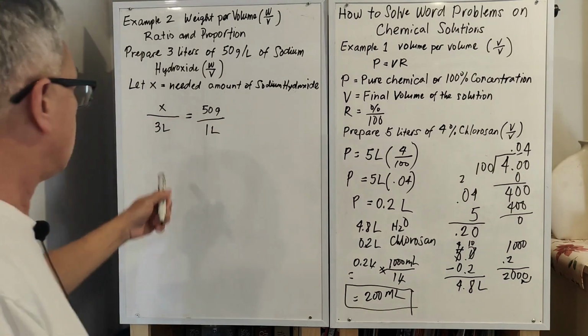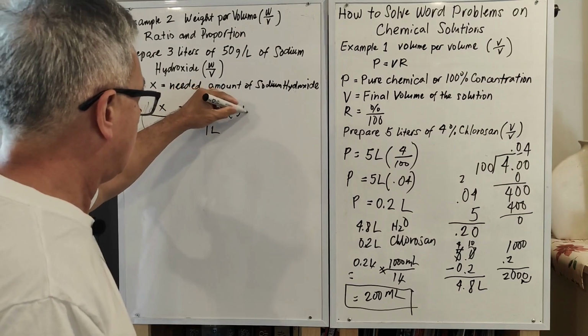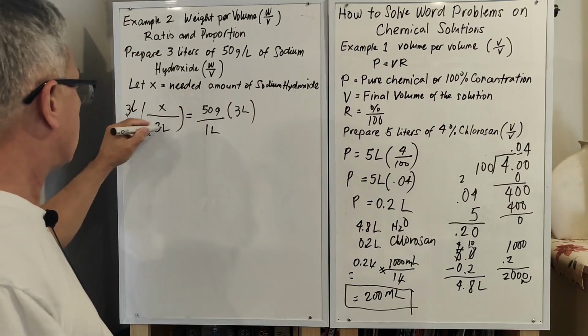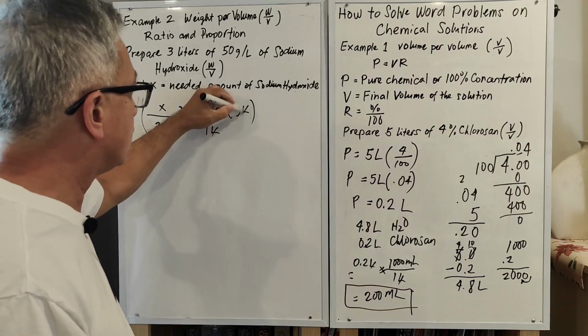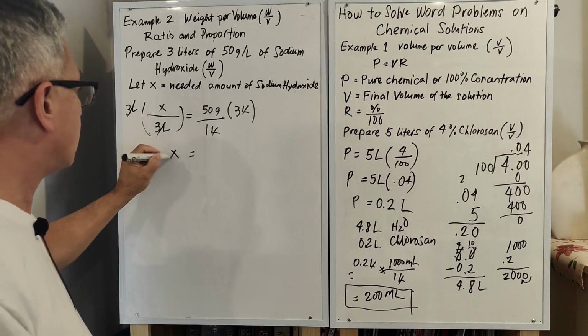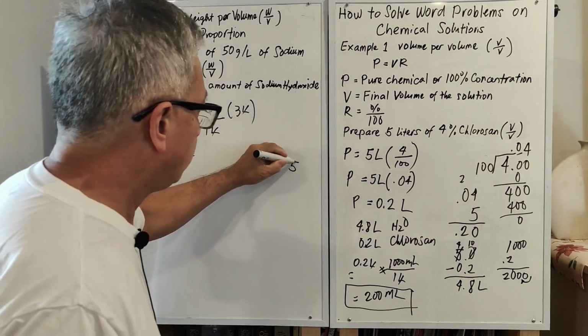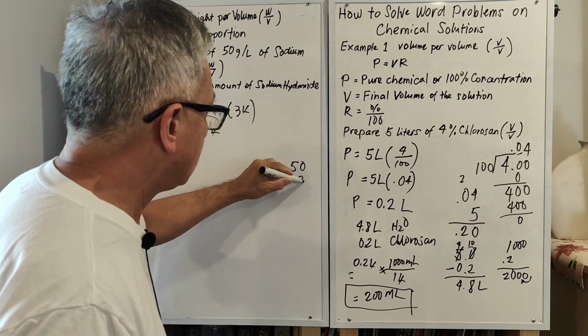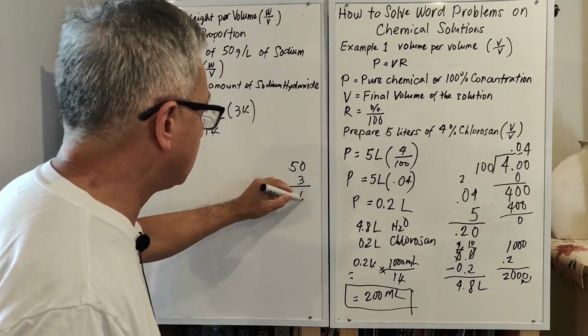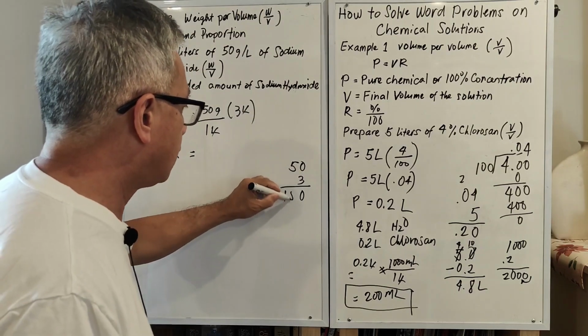So solving for X, we multiply both sides by 3 liters. Liters and liters will cancel out. What we will have left is X equals 50 grams times 3. 3 times 0 is 0. 3 times 5 is 15.